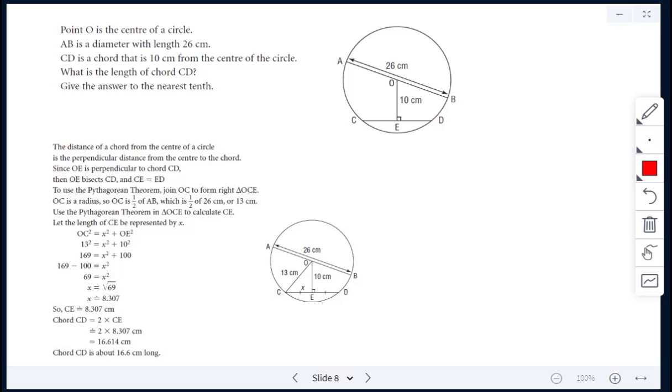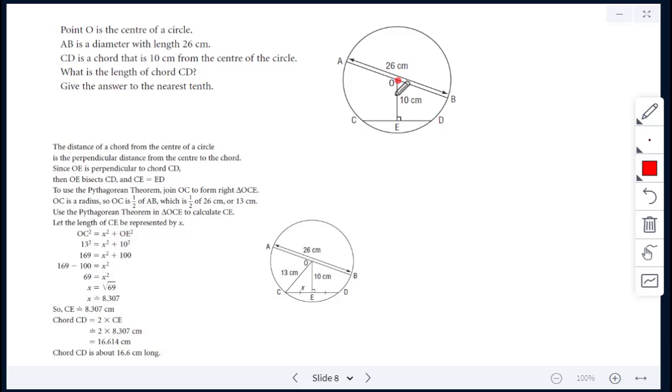All right, so in this example, point O is the center of the circle. A to B is a diameter with the length of 26 centimeters. C to D is a chord that is 10 centimeters from the center of the circle.